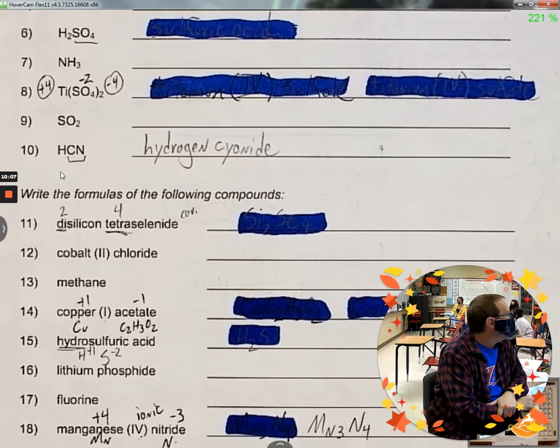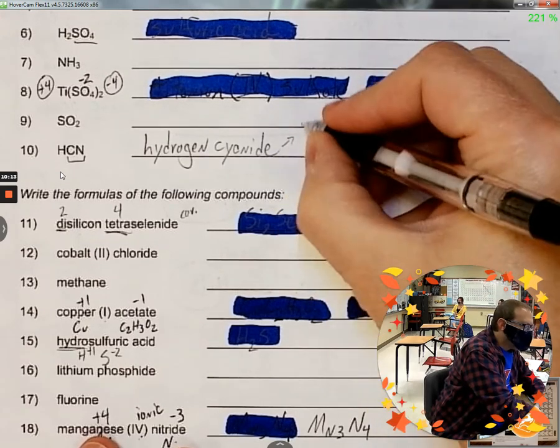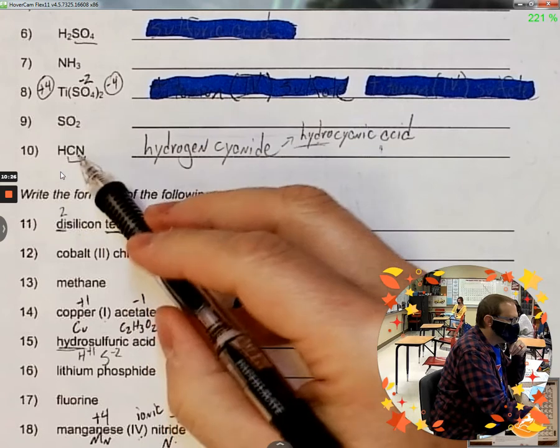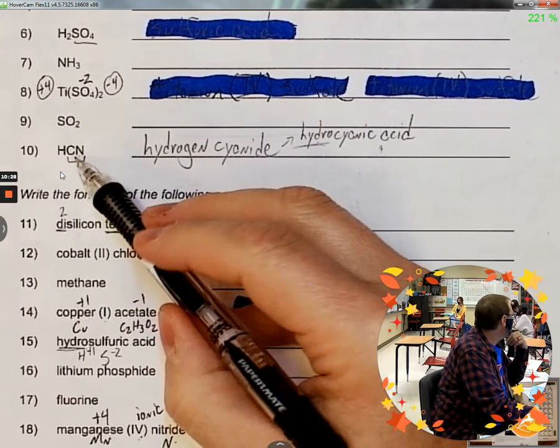I'm thinking, and we might have to Google this, possible other answers might be something like hydrocyanic acid. I know I'm using the hydro here when that's really only supposed to be for binary acids, but you'll notice there's no oxygen, so it's not technically an oxyacid.